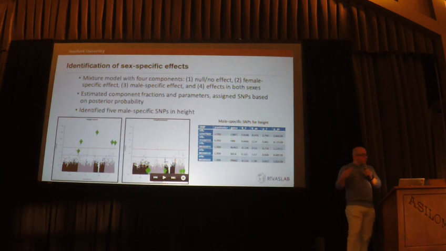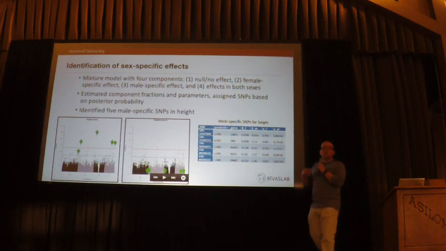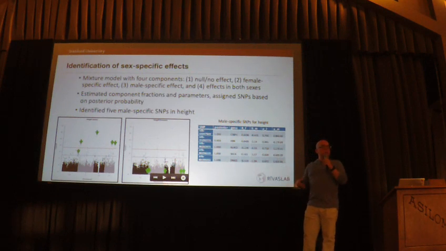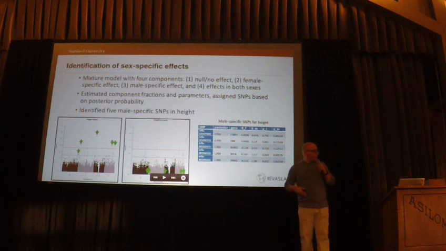And the nice thing is that she's able to get parameter estimates of how many genetic variants across the genome fall in each of those components and identify sex-specific effects.